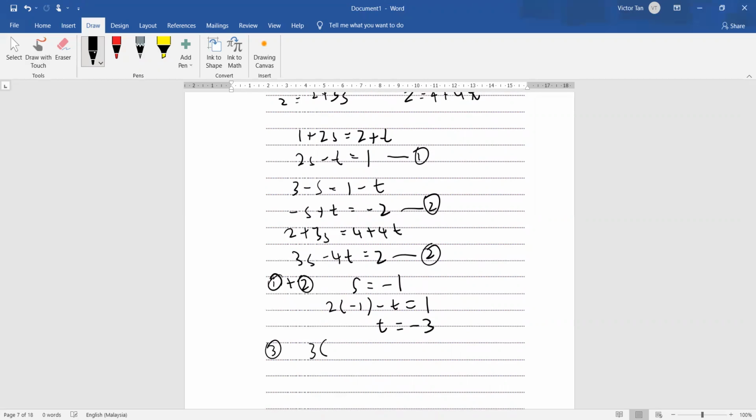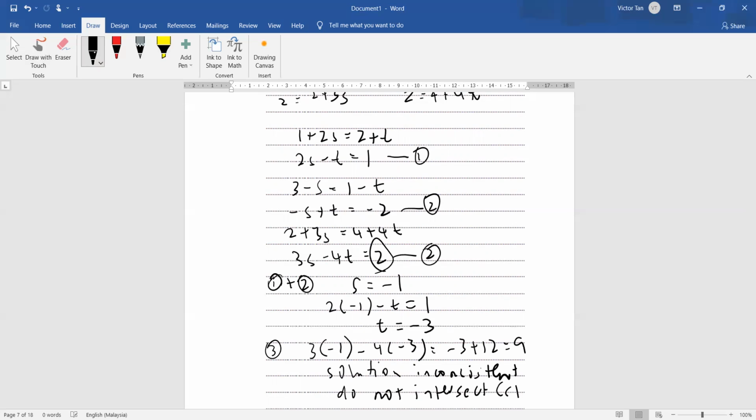You have 3 times minus 1 minus 4 times minus 3, which equals minus 3 plus 12, which is 9. It's supposed to be 2. So the solution is inconsistent. The lines do not intersect, so they are skew.